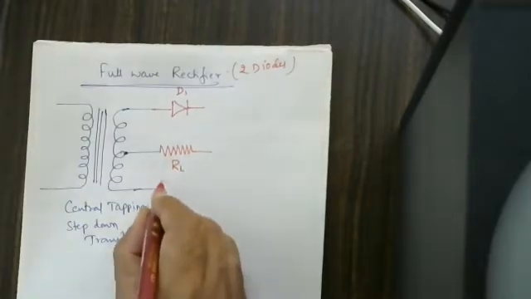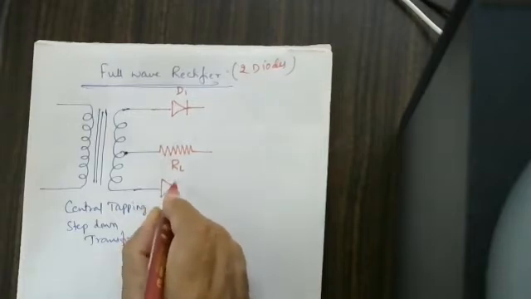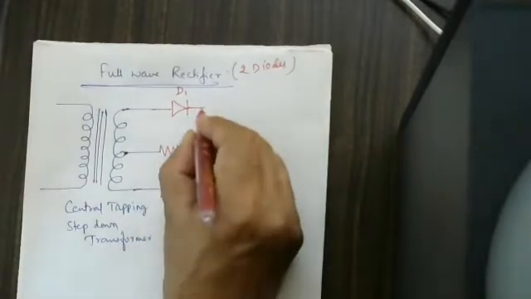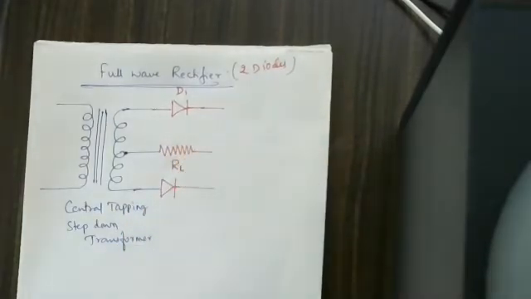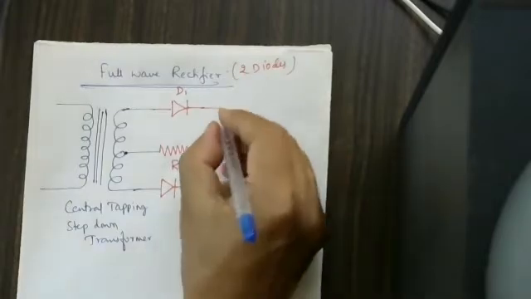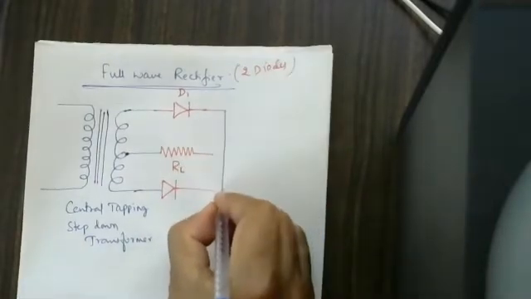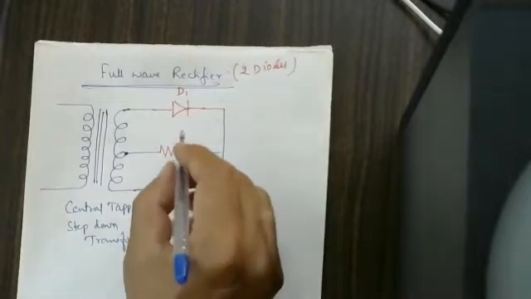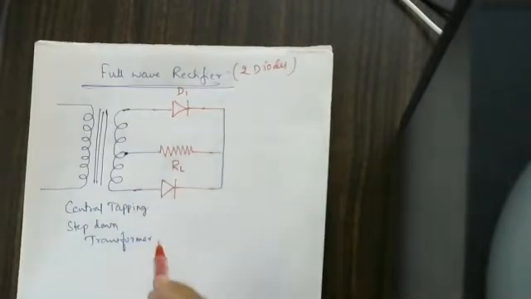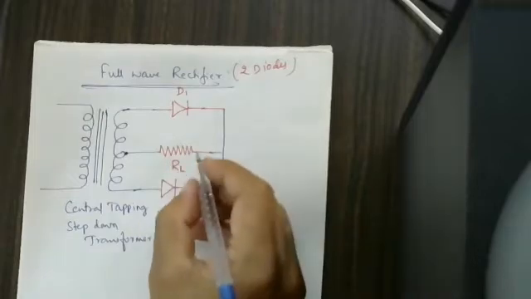Here we are connecting one more diode, diode number 2. Then we are connecting all these things common together like this. For all practical purposes, this is taken as D2, diode number 2.